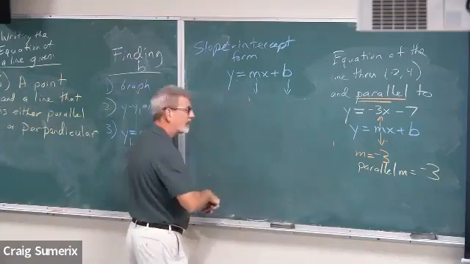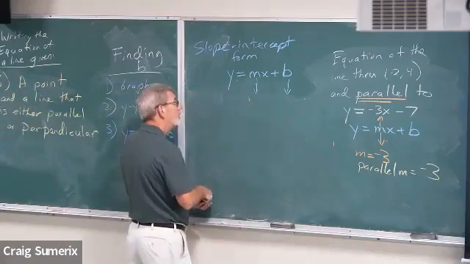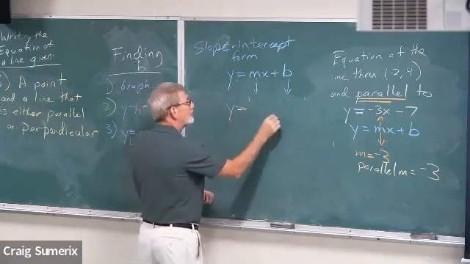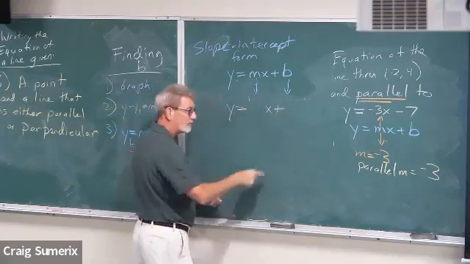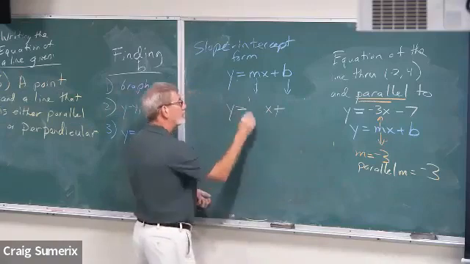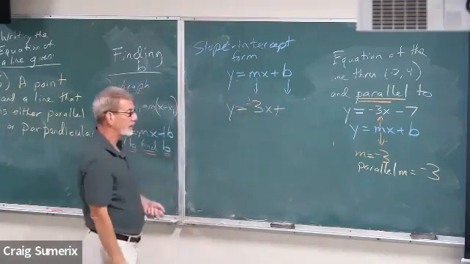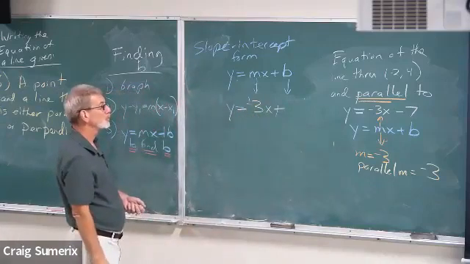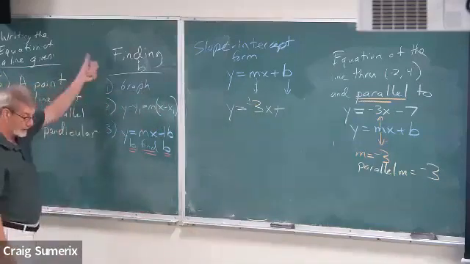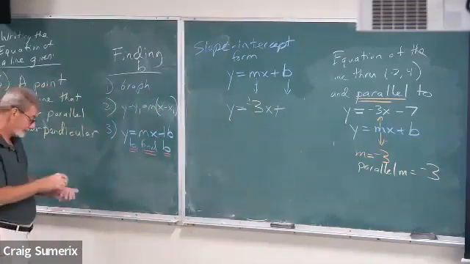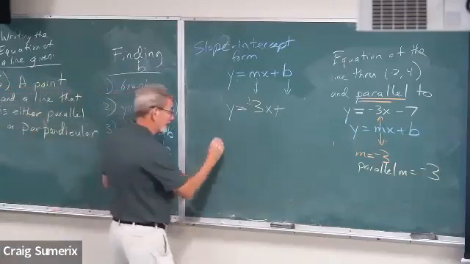So let's see, y is equal to, you just told me our slope is negative 3. What's b? Go back and use whichever point you like.